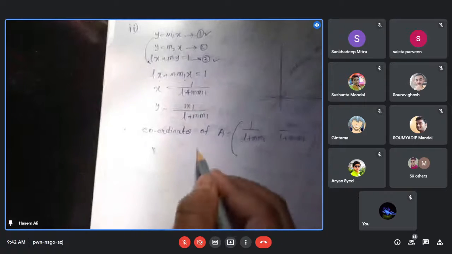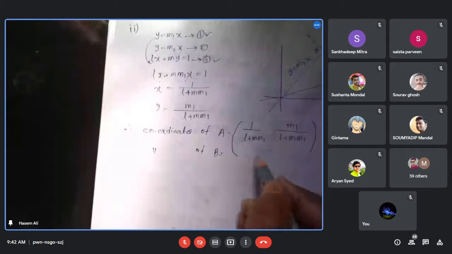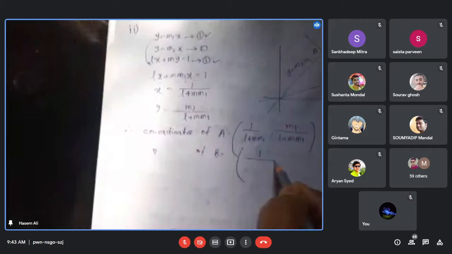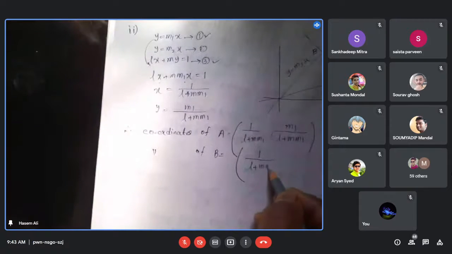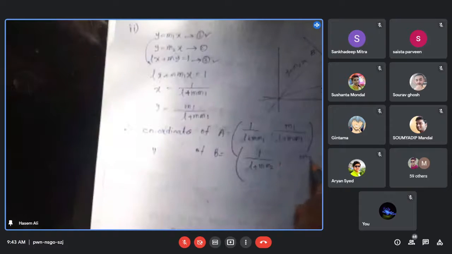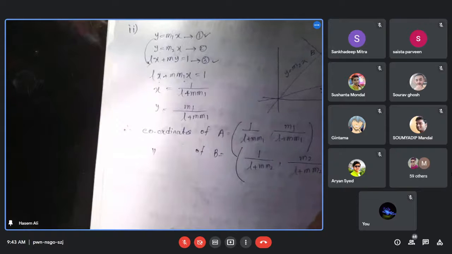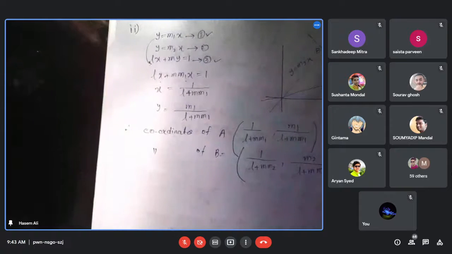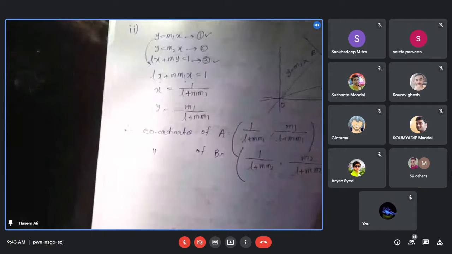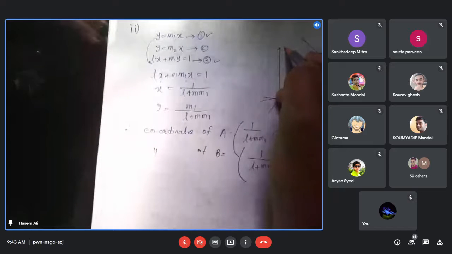Similarly, the coordinate of the point B is 1 by L plus M2, and M2 by L plus M2. Of course, this is our O, this is the x-axis, this is the y-axis.